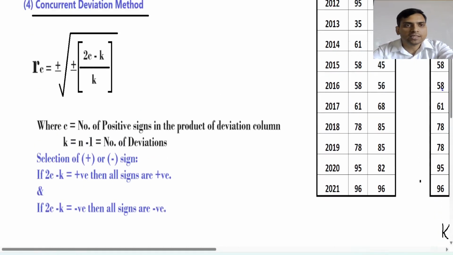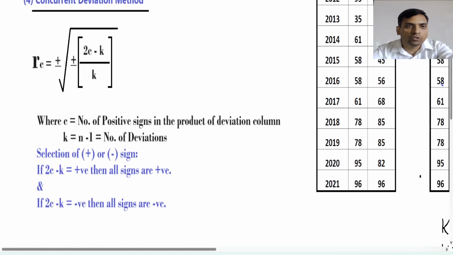So the formula is this, and in this formula you have the term 2C minus K upon K and the symbols plus minus. Now you need to decide which symbol you will consider, plus or minus. So the selection of plus minus: if the quantity 2C minus K is positive, then all the signs are positive.